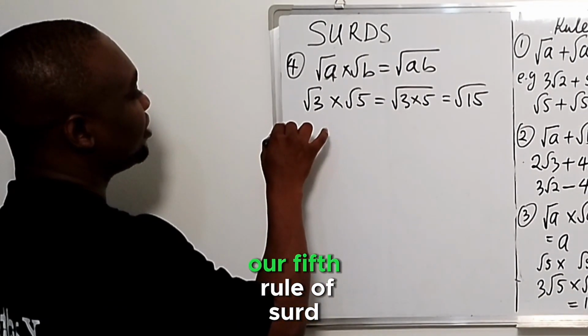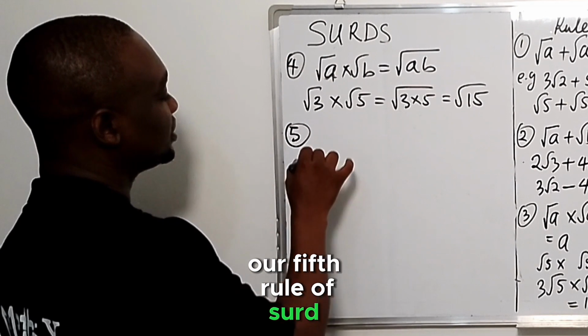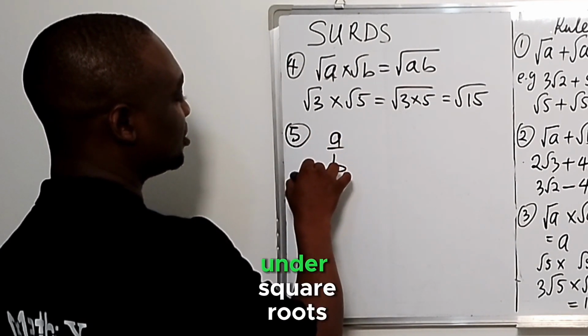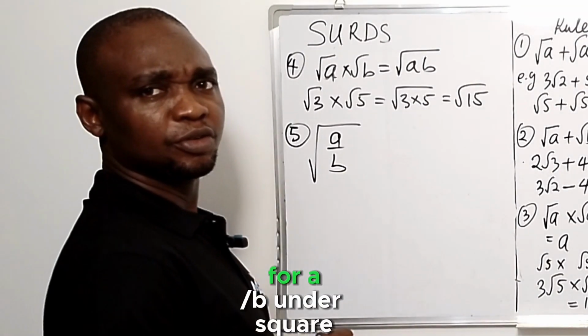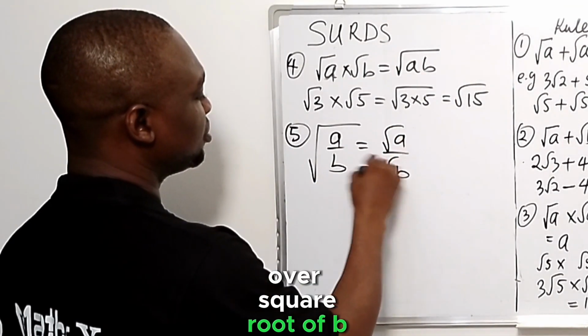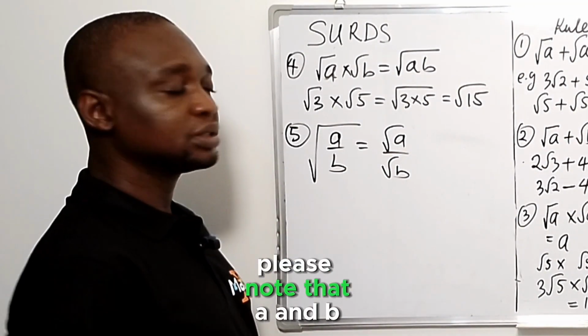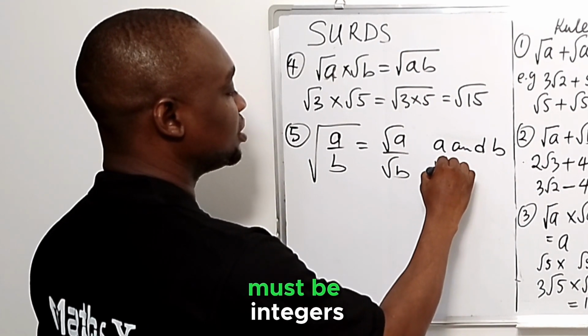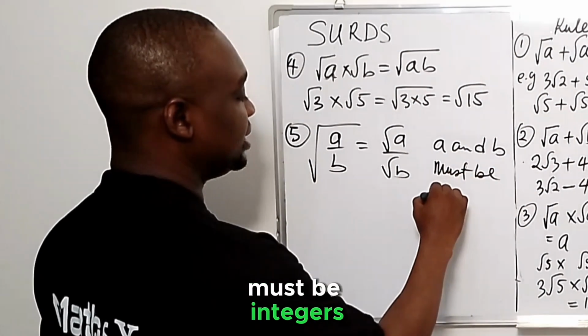Our fifth rule of surds is if I have A over B under square root, this will be square root of A over square root of B. Please note that A and B must be integers.